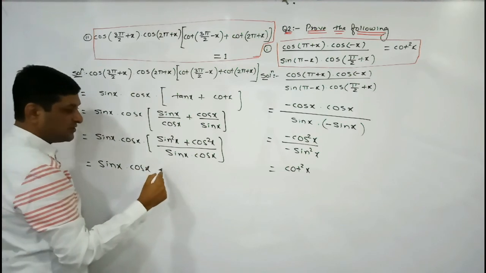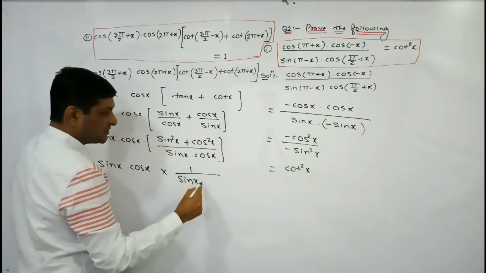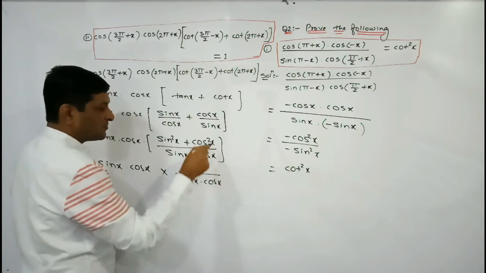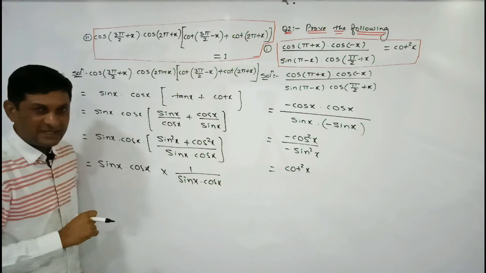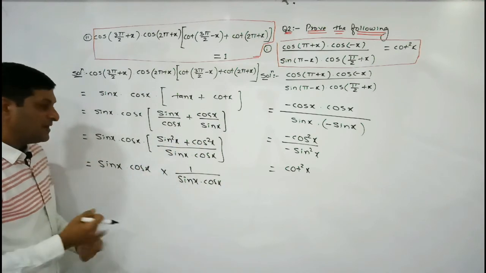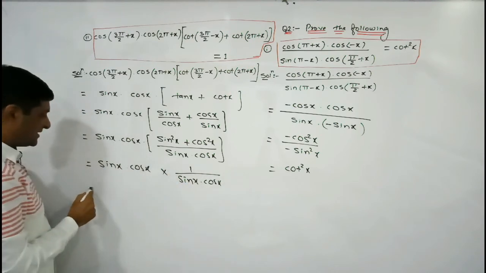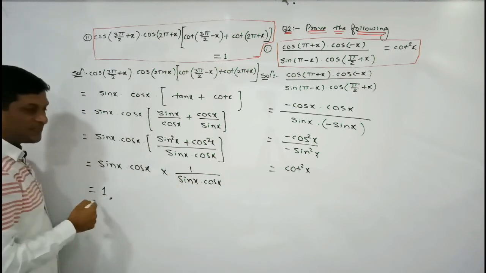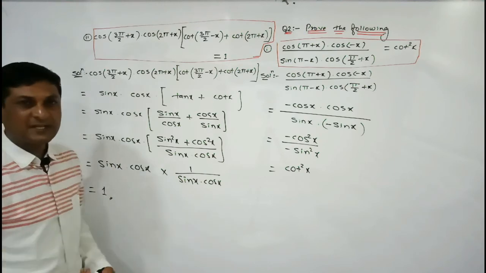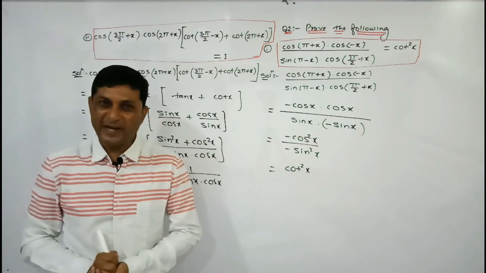So replace this numerator by 1, and in the denominator sin x into cos x, keep it as it is. Here we are applying the fundamental identity in trigonometry, that sin square x plus cos square x is equal to 1. Now if you observe the remaining terms, sin x and cos x will get cancelled, and we will get our required result 1. So in this way, considering the left hand side, we have shown that its value is equal to the right hand side.